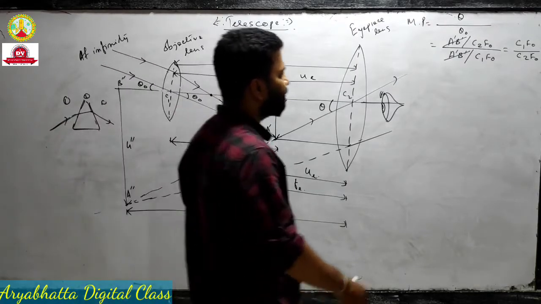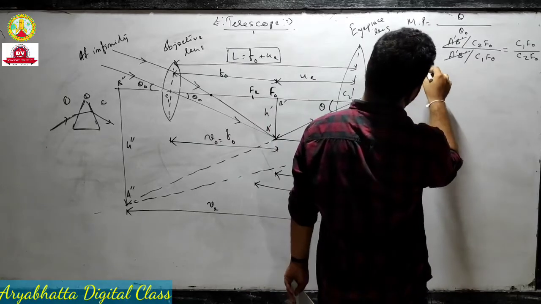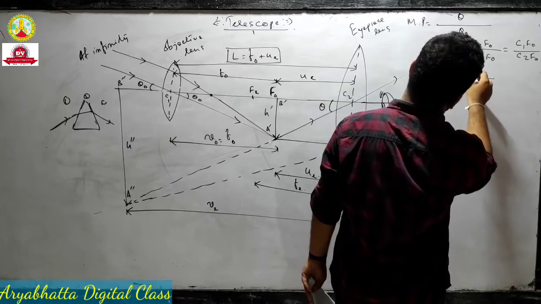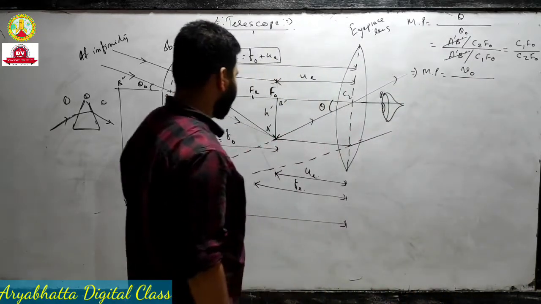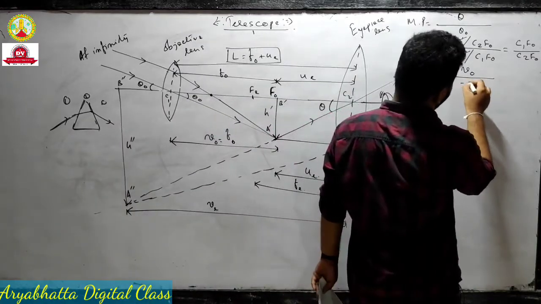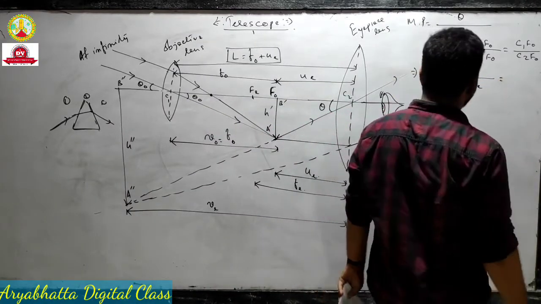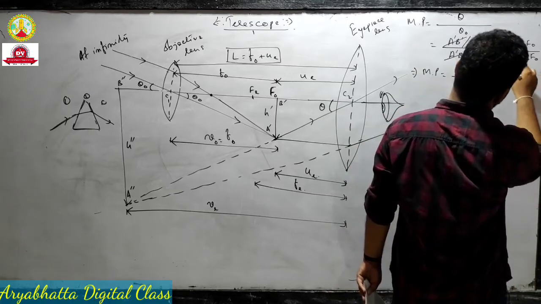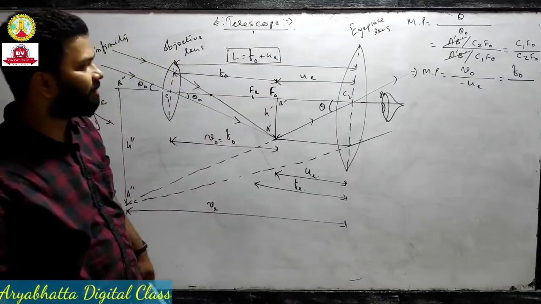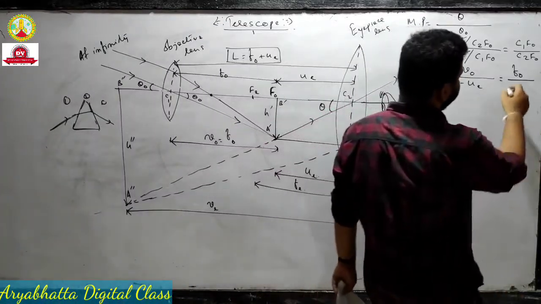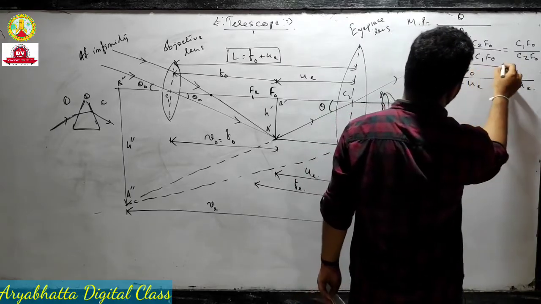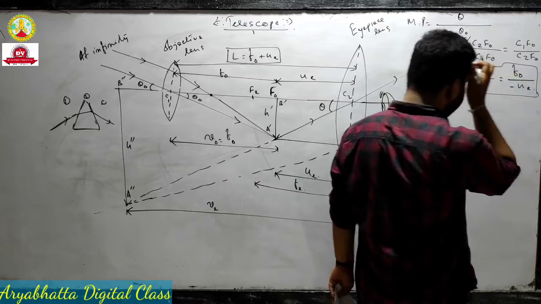So we'll write here that magnifying power is equal to V naught, and what is C2F naught? This is minus UE. So instead of V naught, we can write here F naught. So it will be F naught divided by minus of UE. This one is the magnifying power under any situation.